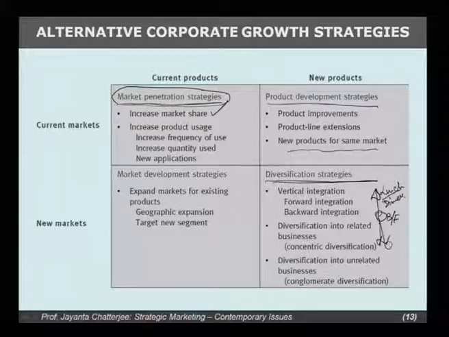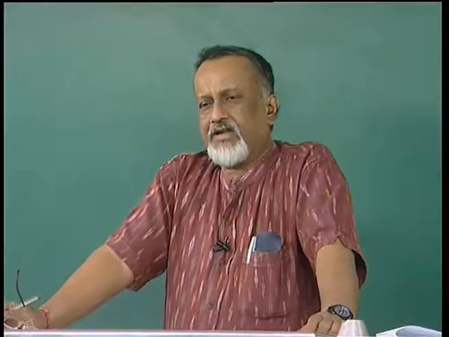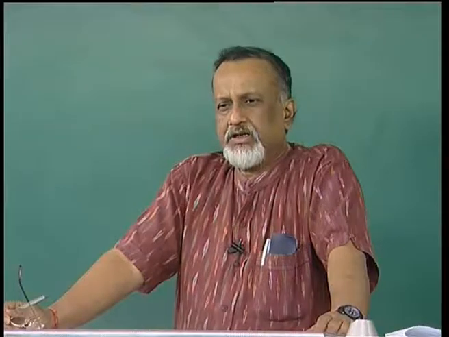In case of breakfast cereal that is not applicable, but there are other businesses where from the current level of packaging you can provide a component level option. So, diversification can go vertically upwards, it can go sidewise, and it can be a completely new product for a new market.